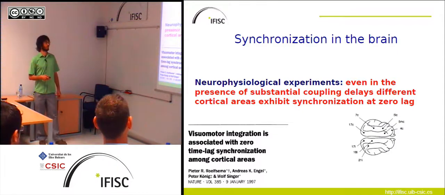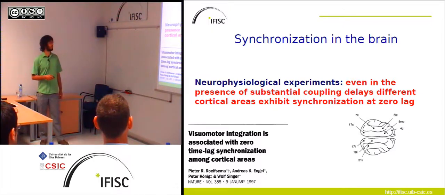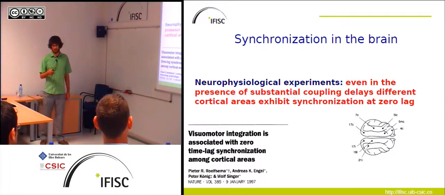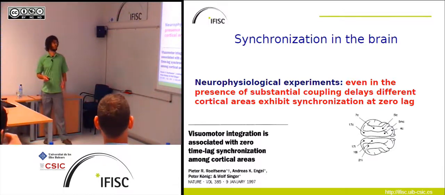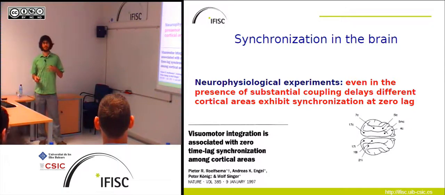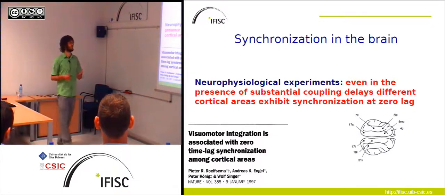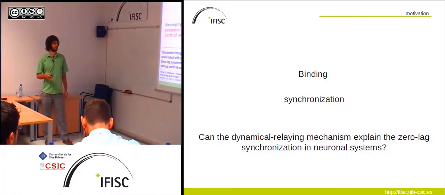This is also associated with some behavior. In this case, the synchronization would be the link between the activity of specialized and segregated regions to integrate the dynamics between different regions.